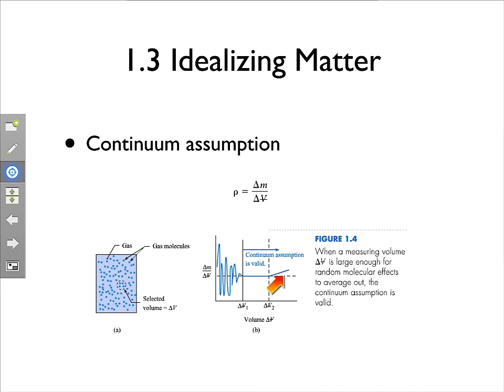So this area of the curve really represents density variations in the matter that we're considering, not necessarily an invalid continuum assumption.